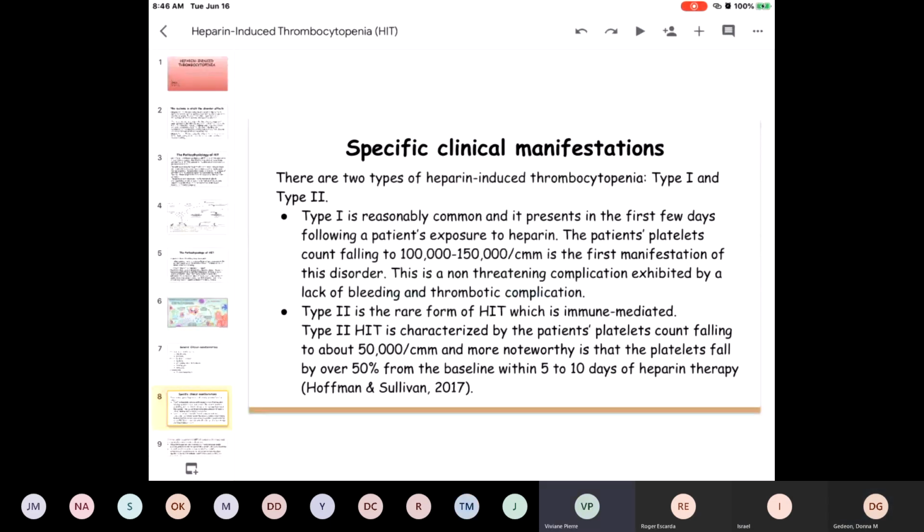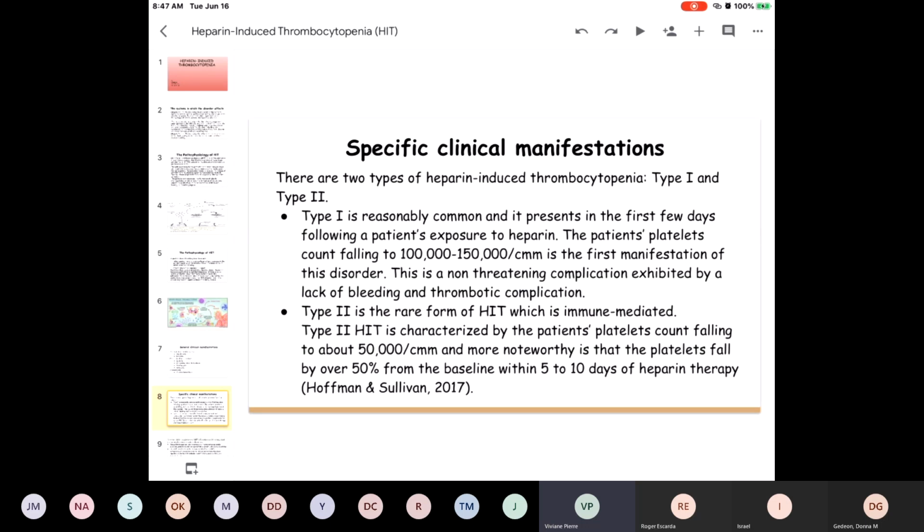Specific clinical manifestations. There are two types of heparin-induced thrombocytopenia, type 1 and type 2. Type 1 is reasonably common and it is present in the first few days following a patient's exposure to heparin.